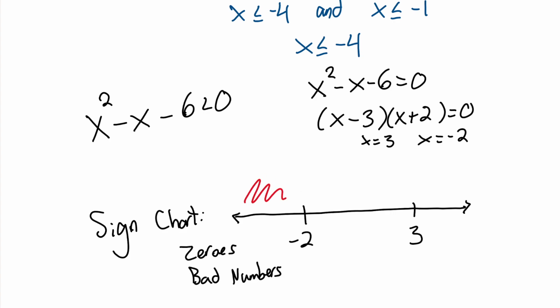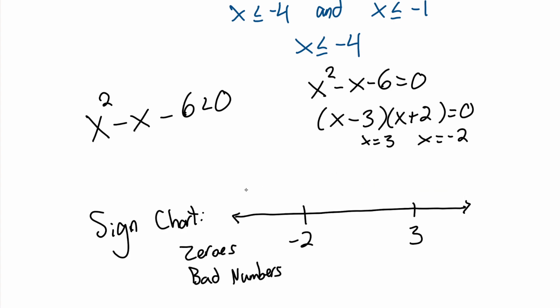We're looking at this region, and this region, and we want to say, okay, is it positive or is it negative in each of these regions? And we only need to look at one number in each region. We need to test one number in each region, because if it's positive at one number, it's positive at all of those numbers, because it can only move at the zeros.